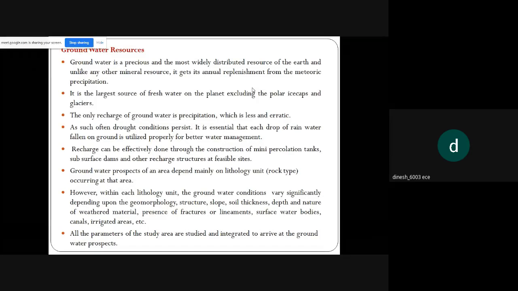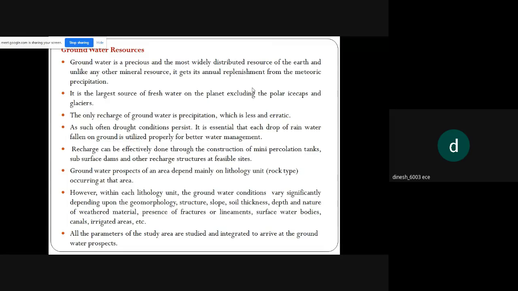The only recharge of groundwater is precipitation, which is always lesser and erratic. As such, often if drought condition persists, it is essential that each drop of rainwater fallen on the ground is utilized properly for better water management.